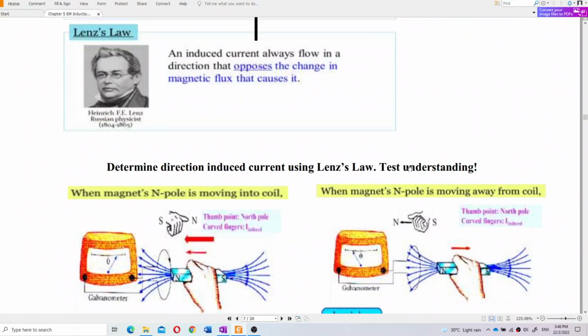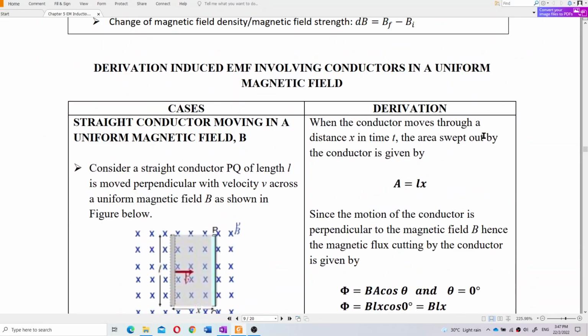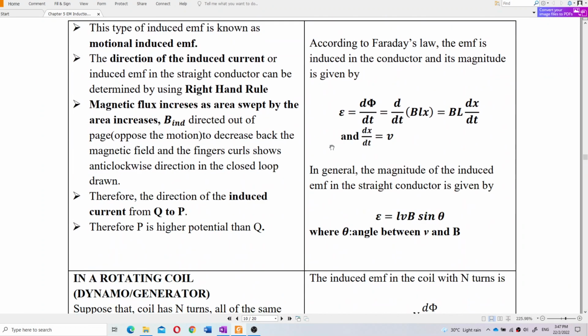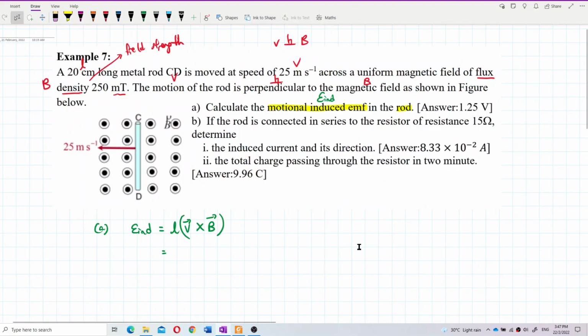So the formula is BLV sin theta, where theta is the angle between the velocity and the magnetic field.